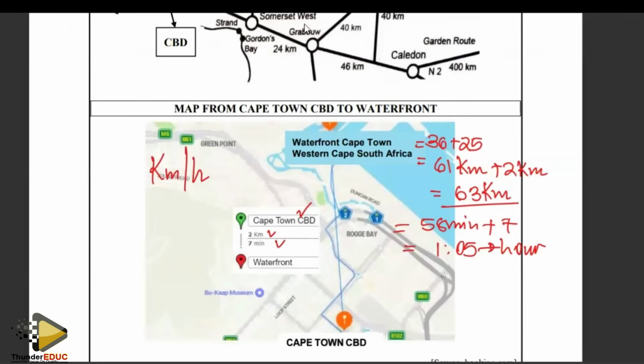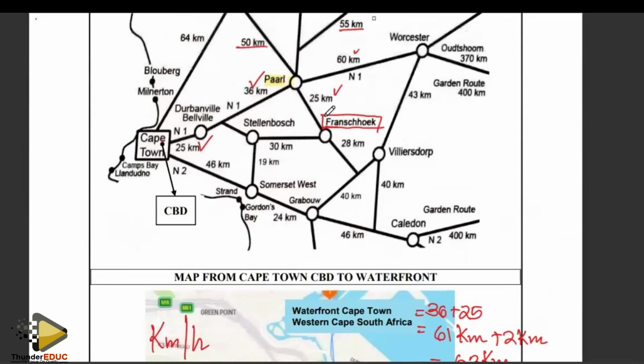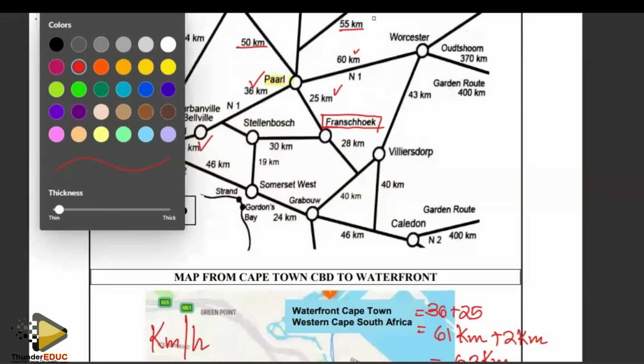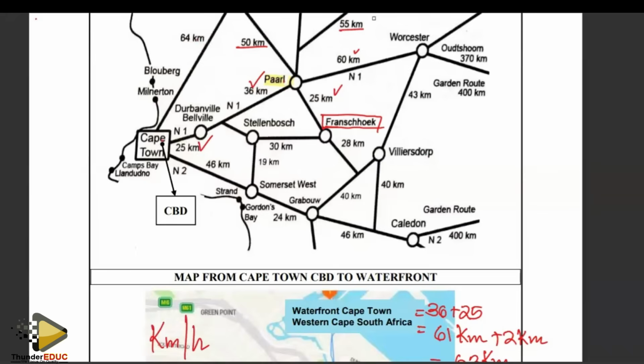Now, we have to look at that and see. They started here. They moved 25 kilometers to this place here. They continue 28 to the T junction, which is this. Then remember they are coming downwards. That means this is their left, this is their right.